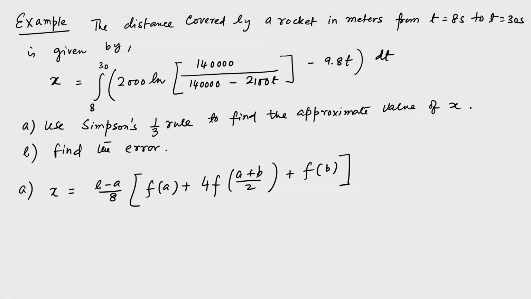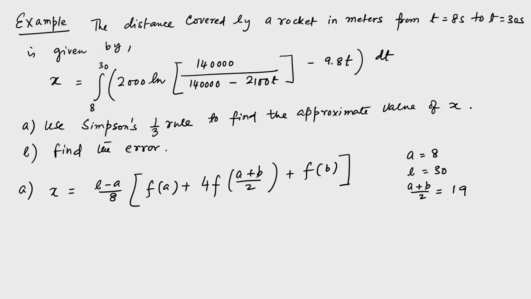We have a equal to 8 seconds, b equal to 30 seconds. I am only writing it in terms of just numbers. (a plus b) by 2 is 30 plus 8 is 38, divided by 2, so this is 19. All in seconds.